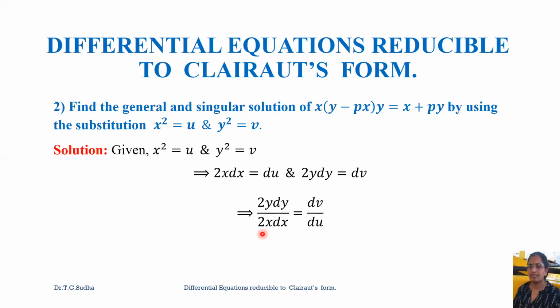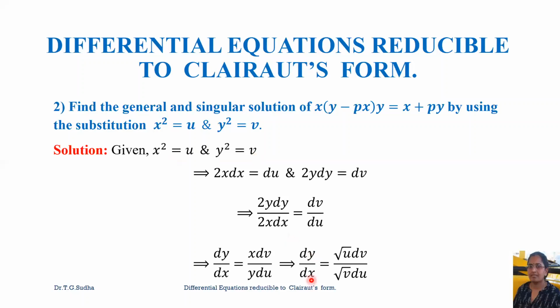So here you can cancel out 2 and 2. Now we need the substitution for dy by dx. So dy by dx is equal to cross multiply this x and this y. So we get x dv divided by y du. Now we need to substitute for x and y as well. So what is x? X square is u, therefore x is root u. Y square is v, therefore y is root v.